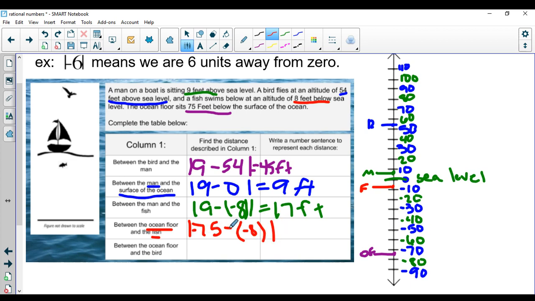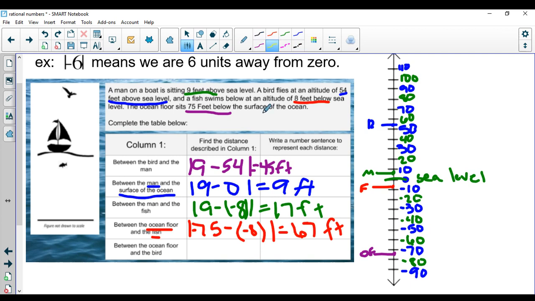So negative 75 plus 8, because again, we're going to add the opposite of negative, which is a positive, would give me 67 feet. Now, even though my answer when I add these two together is negative, I am still writing it as a positive number over here.